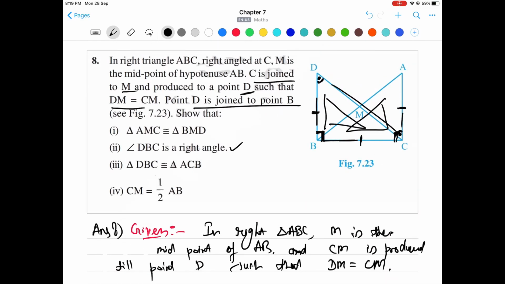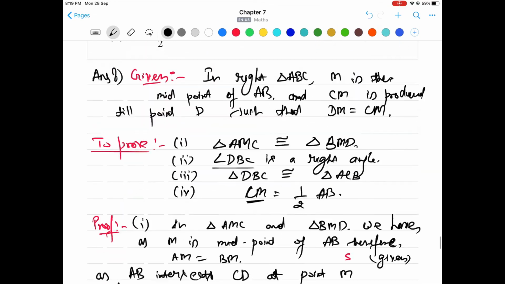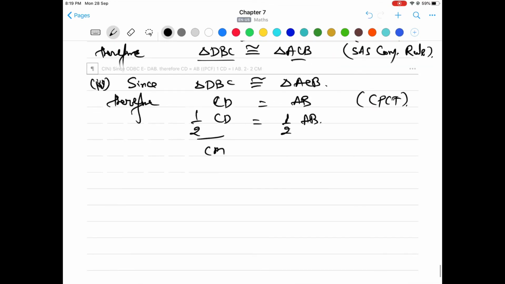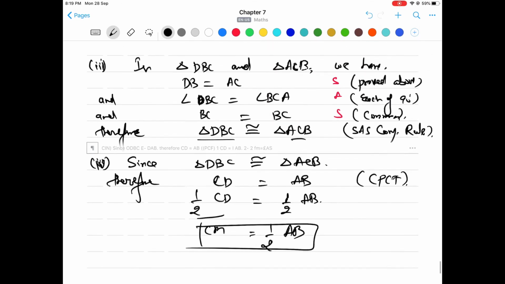You can see from the figure the half of this CD is this CM. We can write CM will be equal to 1 by 2 AB, and that's what we were asked to prove in the last part, that CM is equal to half of AB.